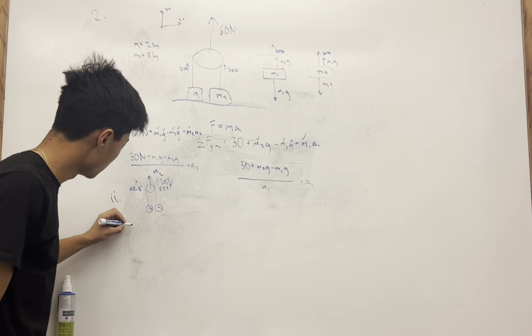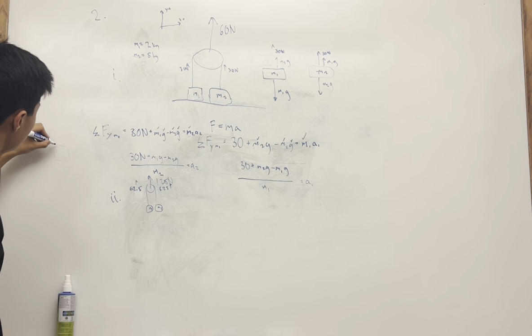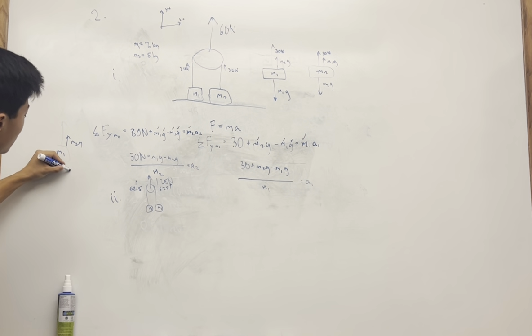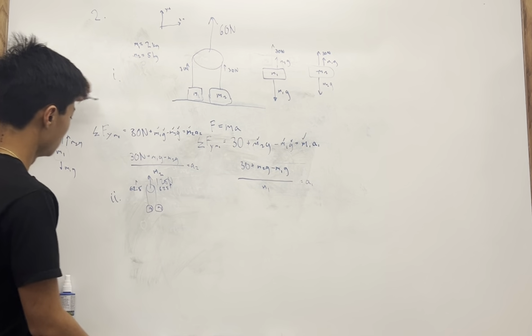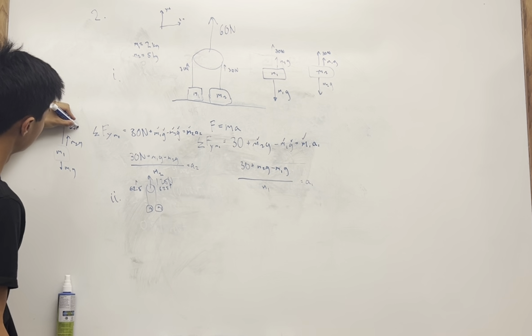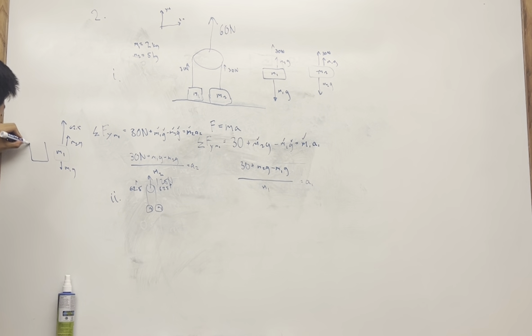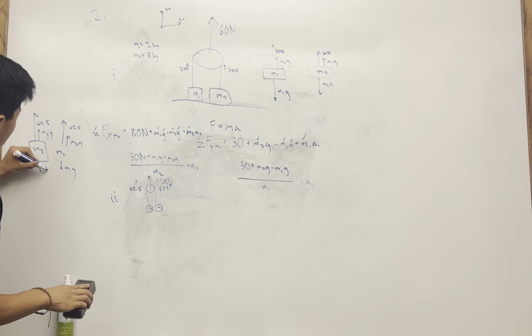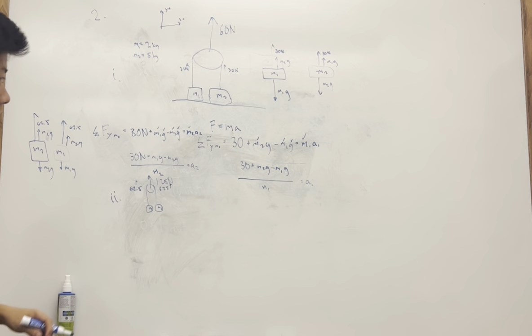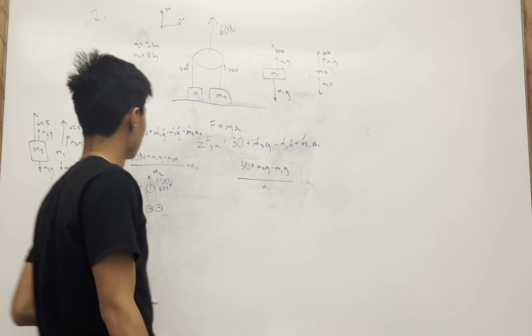So if we draw our free body diagrams again, we have the same thing, m2g, this is for mass 1, and m1g pulling down. It's the same thing that we did in the last problem, except instead of 30 newtons, we have 62.5. So we can just set up these two again.